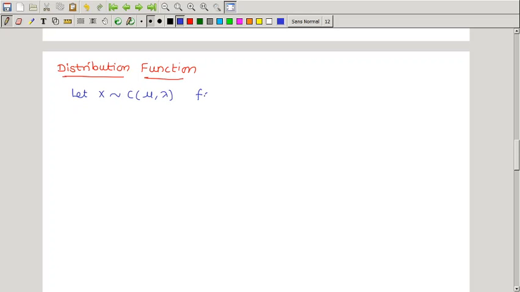So the density function is f of x equal to lambda upon pi, 1 upon lambda square plus (x minus mu) bracket square, where x lies between minus infinity and infinity, mu also lies between minus infinity and infinity, and lambda should be positive, and 0 otherwise. This is the density function of Cauchy distribution.